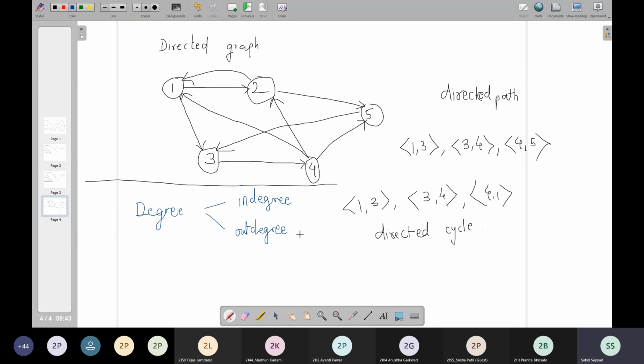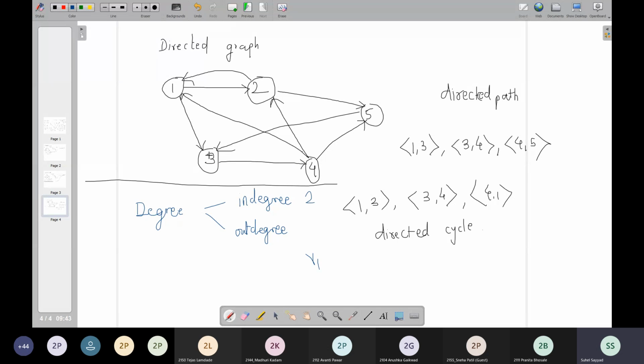Yes, you can see there are 2 incoming edges to 1. Which are the 2 incoming edges? This edge which is going from 4 to 1, and this is another edge which is coming from 2 to 1.